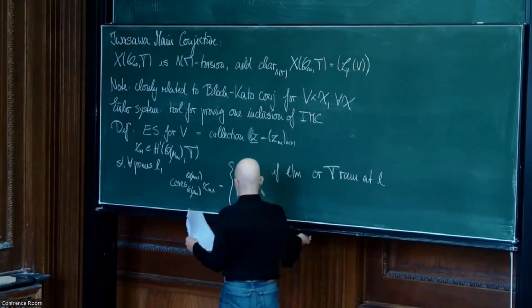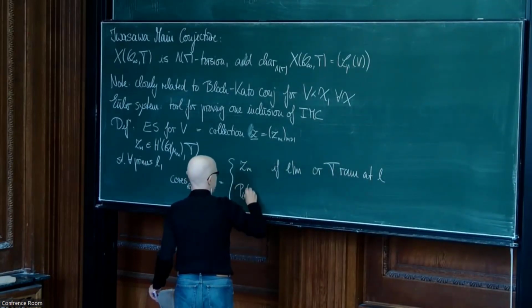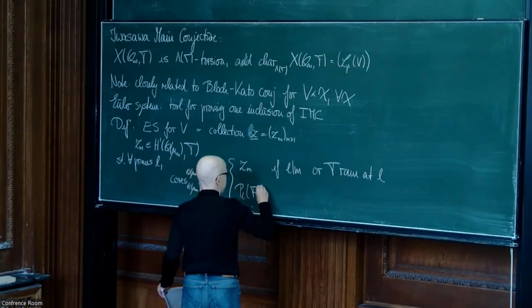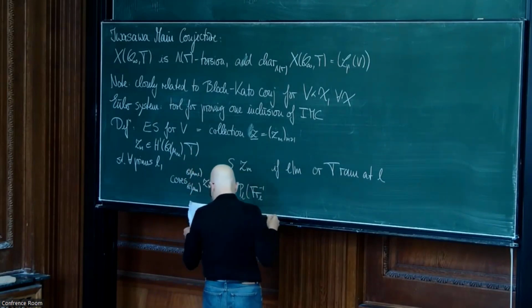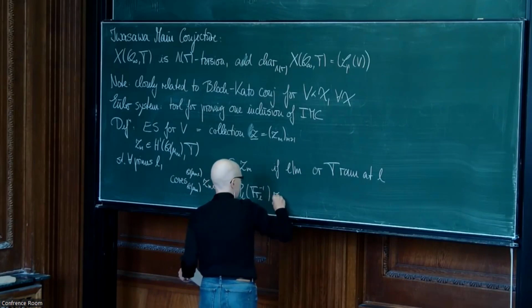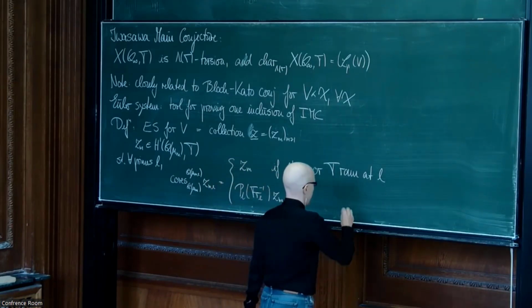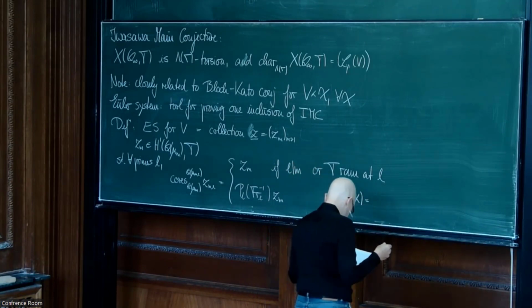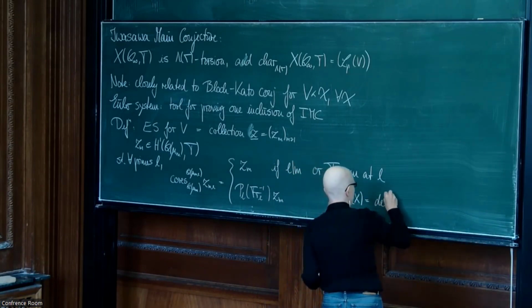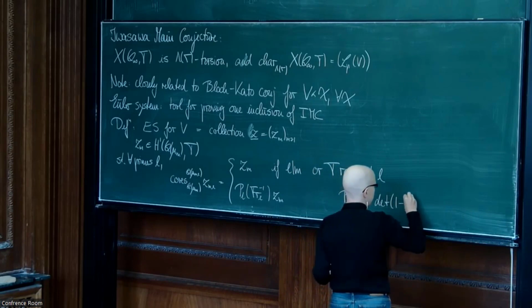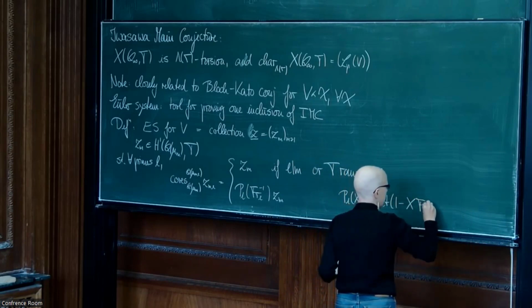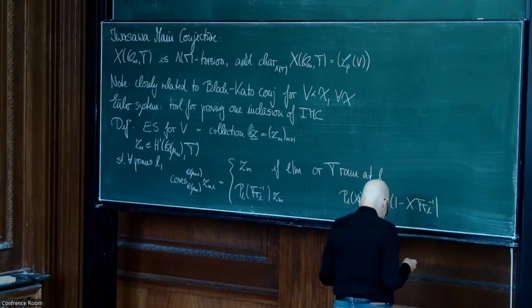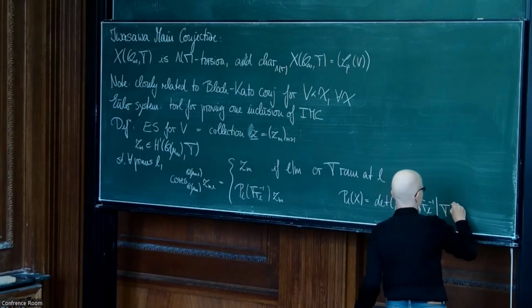Or it is sent to P_l of the Frobenius at l, applied to Z_m. So what is P_l of X? It is just the characteristic polynomial of Frobenius acting on the Tate dual of the representation.